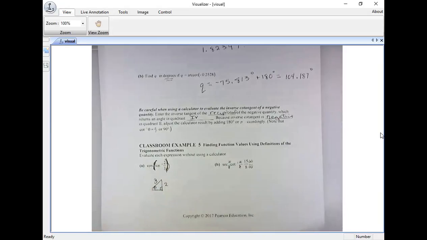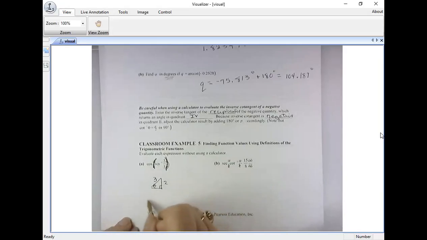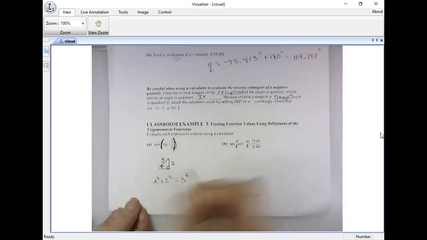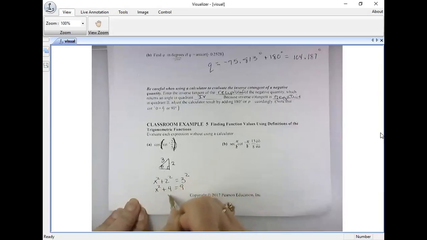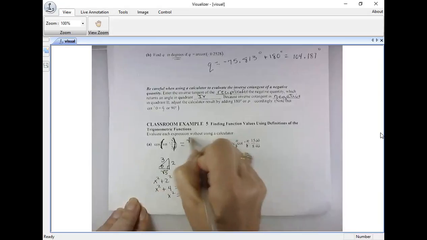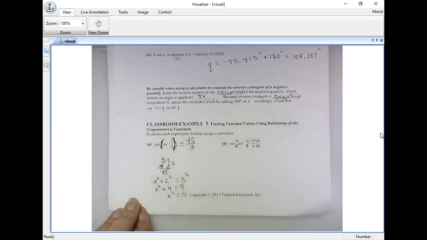What would I have to do to find that? Exactly. I've got to find this side length. So x squared plus 2 squared equals 3 squared. Yeah, because you subtract the 9 minus 4. Yes. And so if x squared equals 5, that means this is the square root of 5. And now you can tell me that cosine value is square root of 5/3.